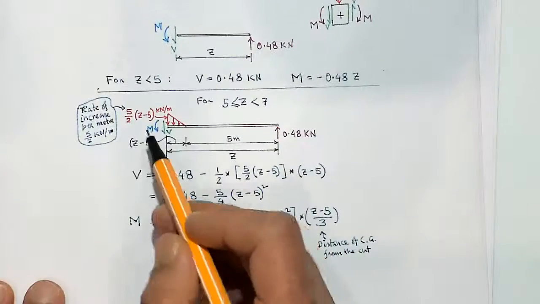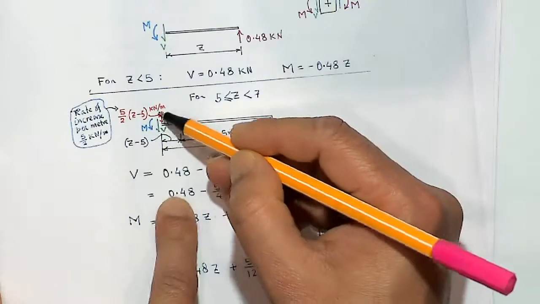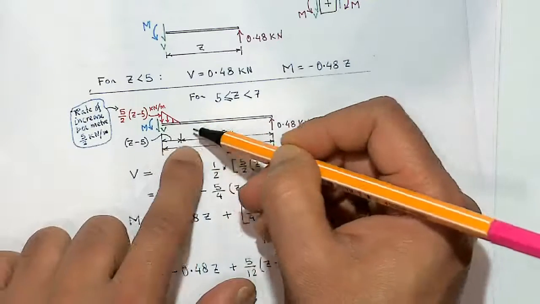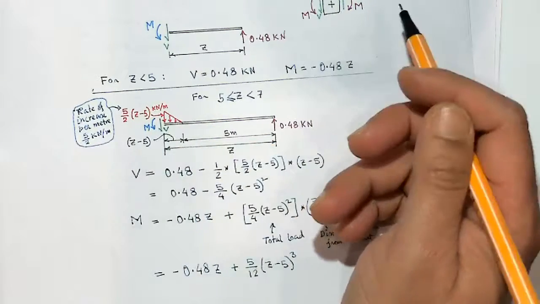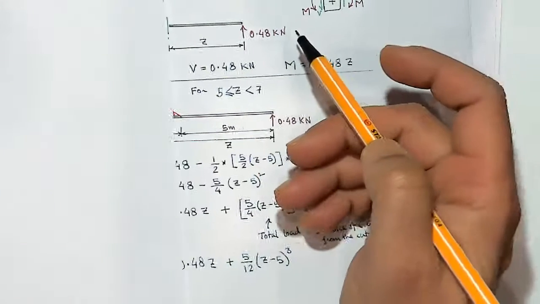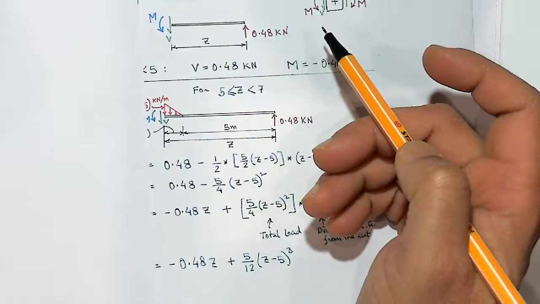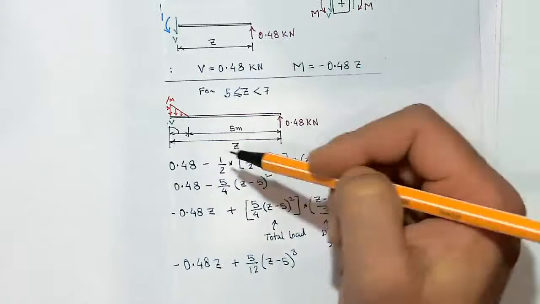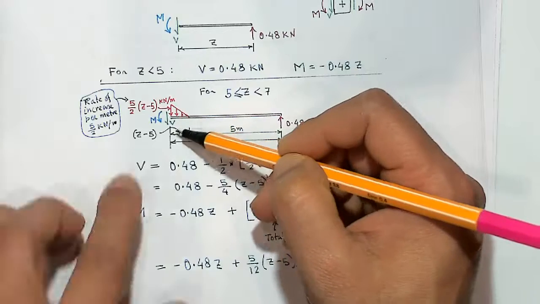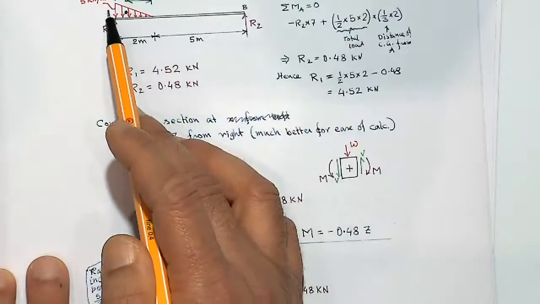I have still gone from this side. So what would be this load intensity if I go at a distance Z from the right hand side? Up to here is 5 meter, and if I go up to a distance Z, then this little distance is Z minus 5. Now what is the slope of the load?